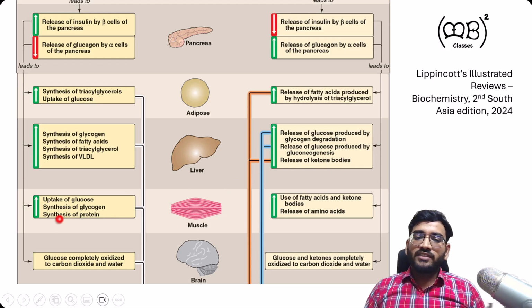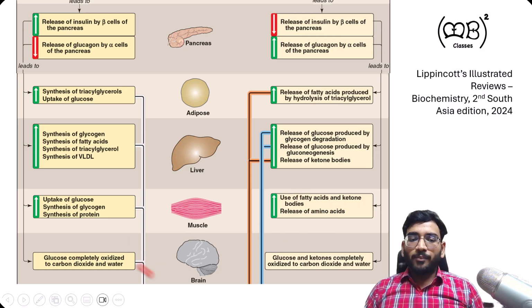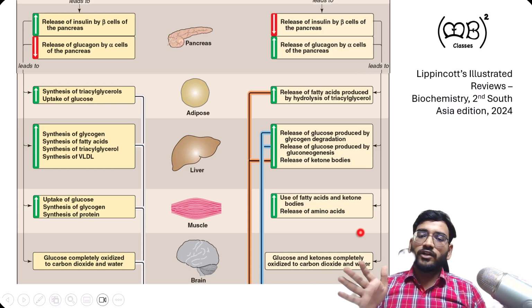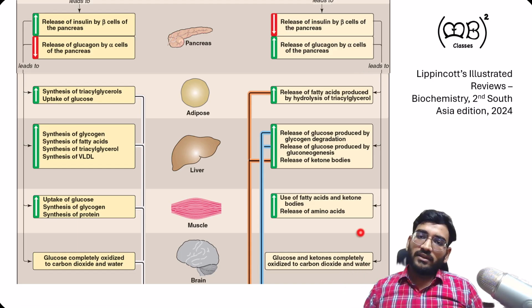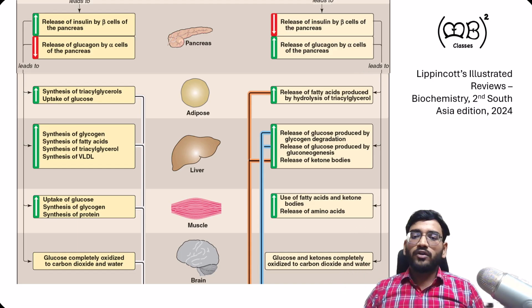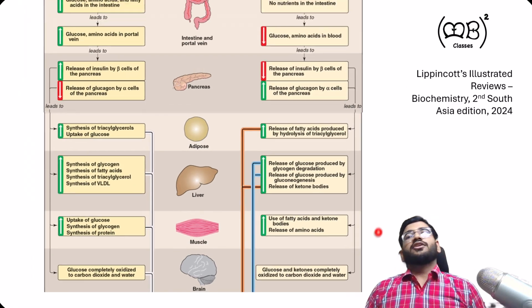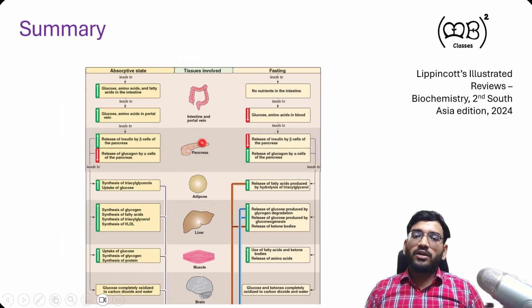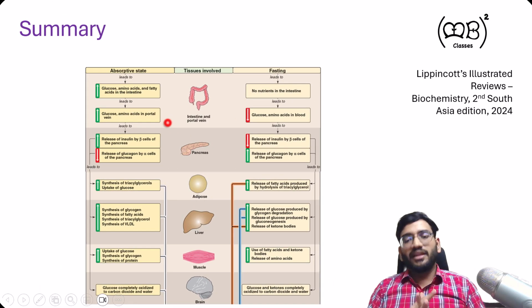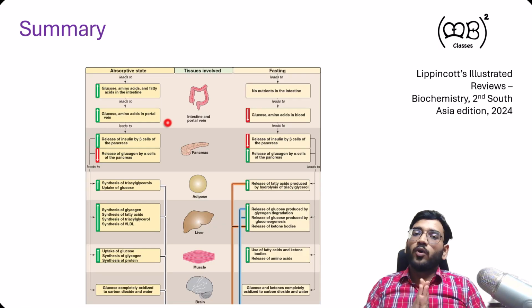In muscle in the fed state, glycogen and protein will be formed, and in the fasting state, fatty acids and ketone bodies will be used by the body. The brain will use glucose, completely oxidized to carbon dioxide and water, in the fed state, and in the fasting state also it will use glucose, but in the later stages of starvation and prolonged fasting, it will start to utilize ketone bodies.